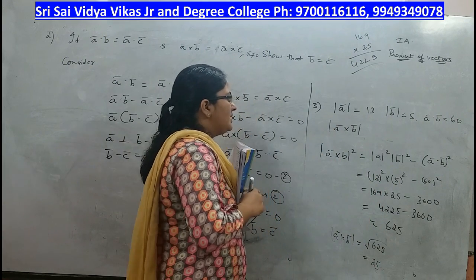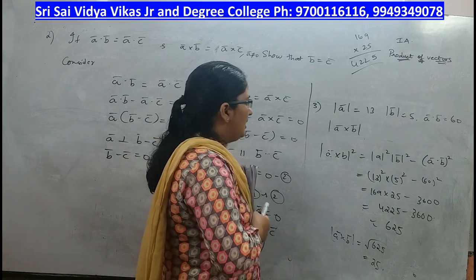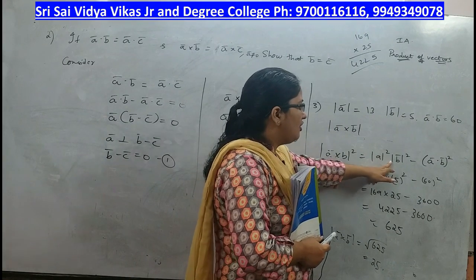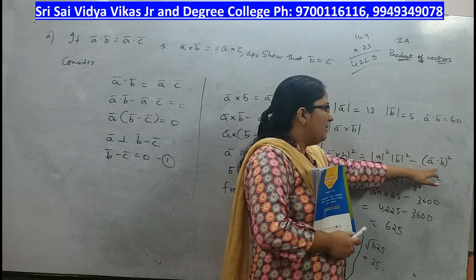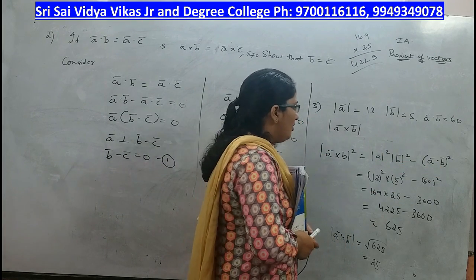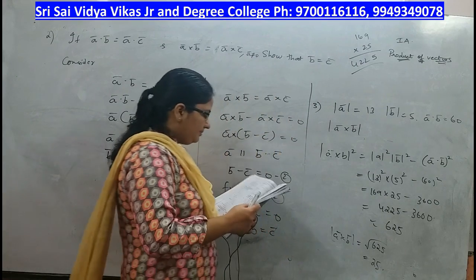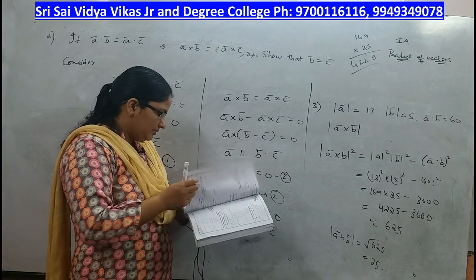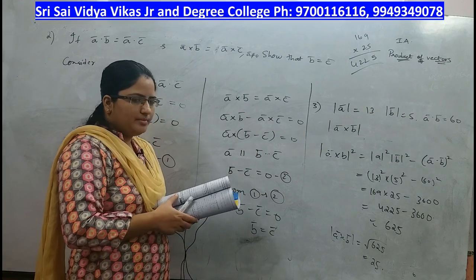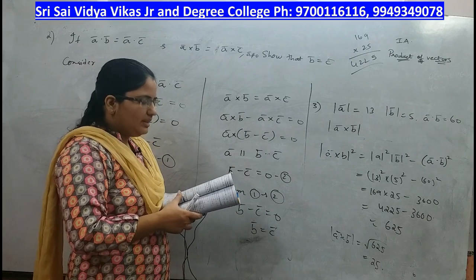So this you take it as a formula. Modulus of a bar cross b bar whole square is modulus of a bar square into modulus of b bar square minus a bar dot b bar whole square. This you take it as a formula. Let us discuss the next set of problems in the next class.